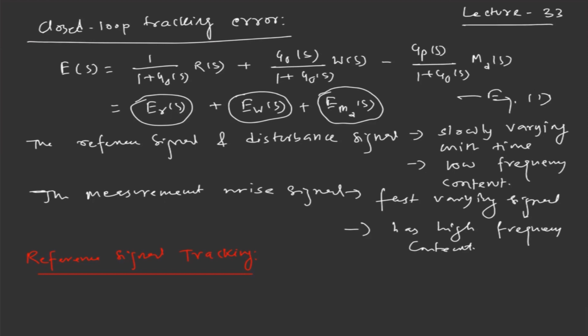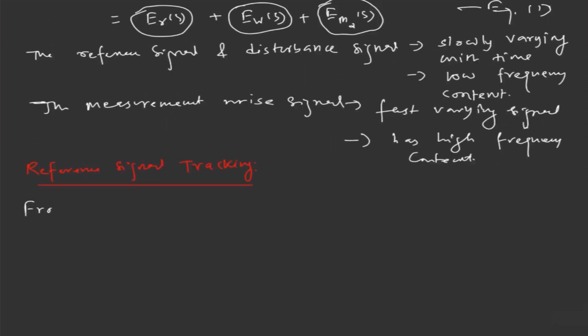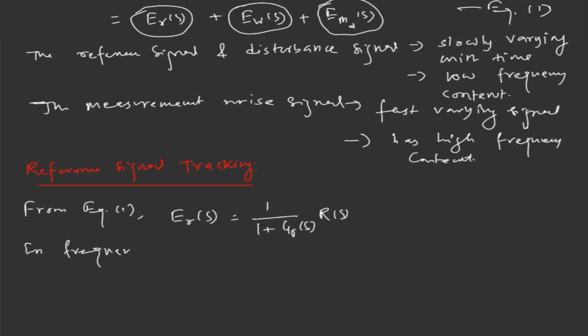From equation 1, we can write E_R of S equal to 1 upon 1 plus G naught of S times R of S, and in the frequency domain, we substitute S equal to j omega.